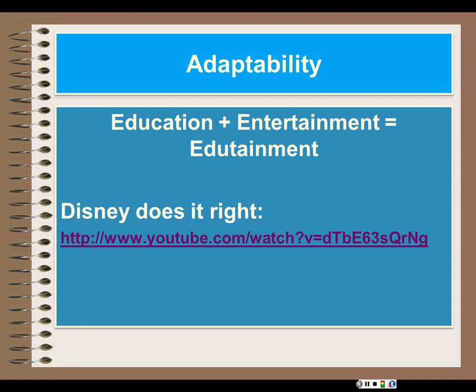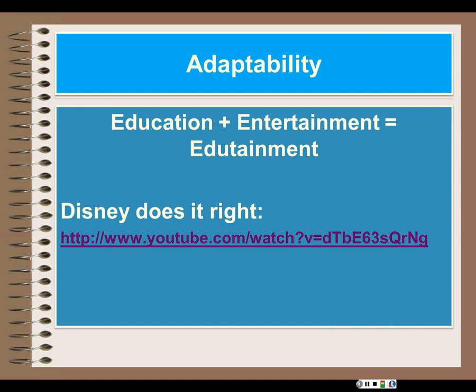So education plus entertainment has given us this fairly new term of edutainment. Some people say that museums are doing too much entertainment, that they're embracing too much the technology of the 21st century, that they're dumbing things down.